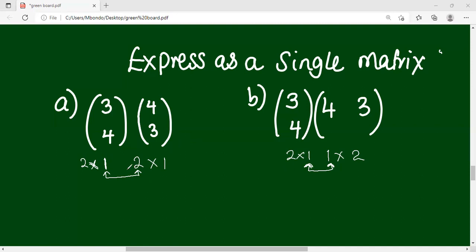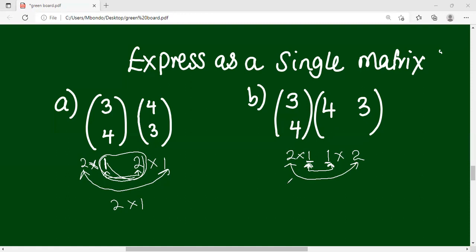And then when we have done that, the final answer is going to carry the order of the first number and the last one, like it's going to be 2 by 1. But these two here are not the same. In this case here, we have 1 and we also have 1. So the second matrix can be multiplied, and the final answer is going to be a 2 by 2 matrix.